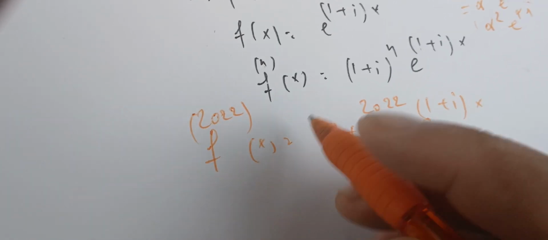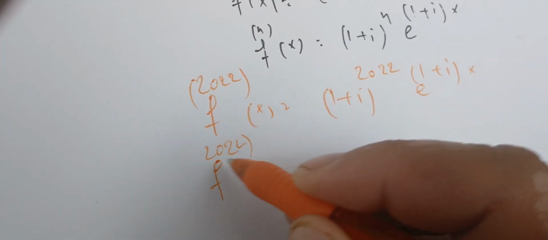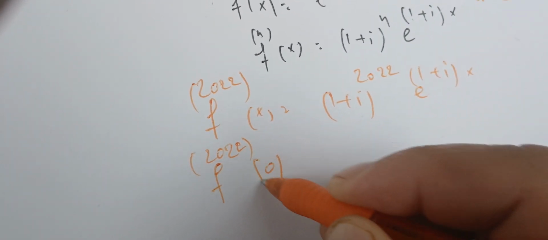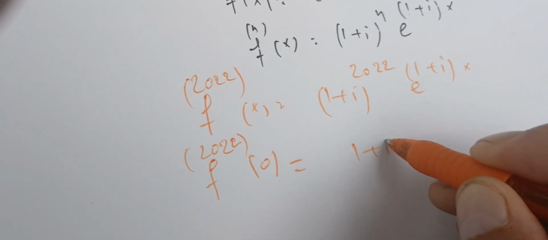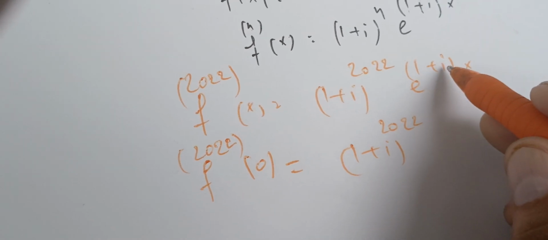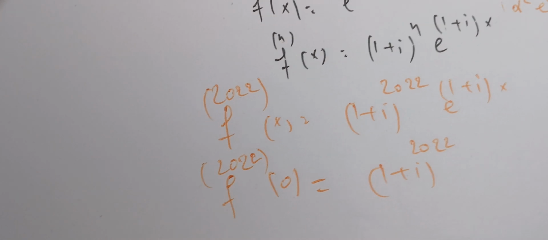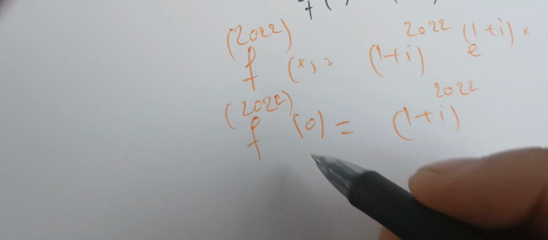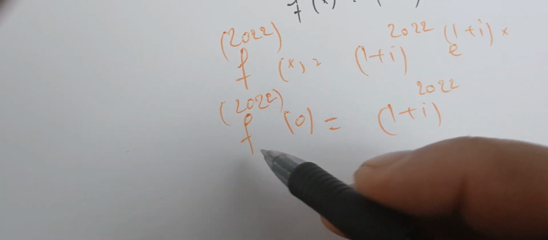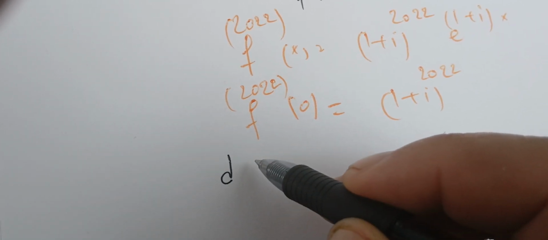If we plug in 0 here, we see that f^(2022)(0), the derivative of order 2022 at 0, is (1 plus i)^2022, because e to the (1 plus i) times 0 is just 1.